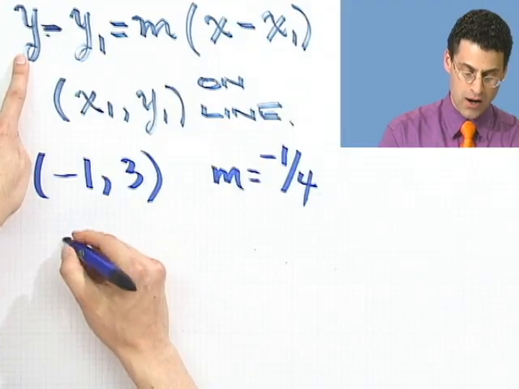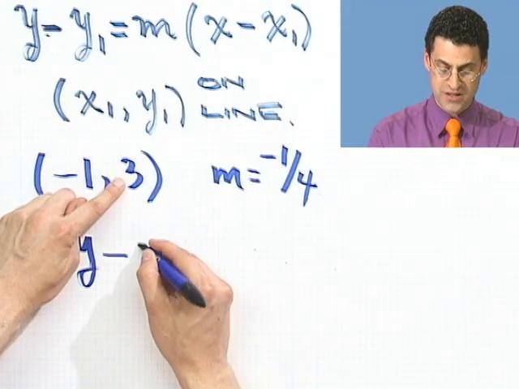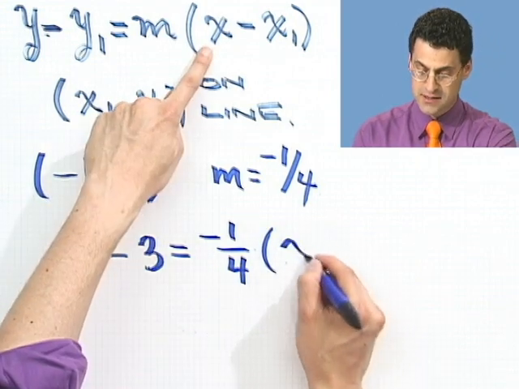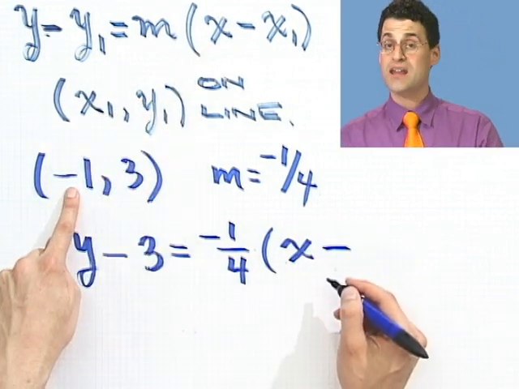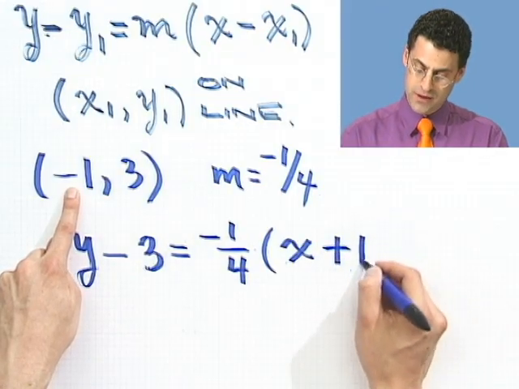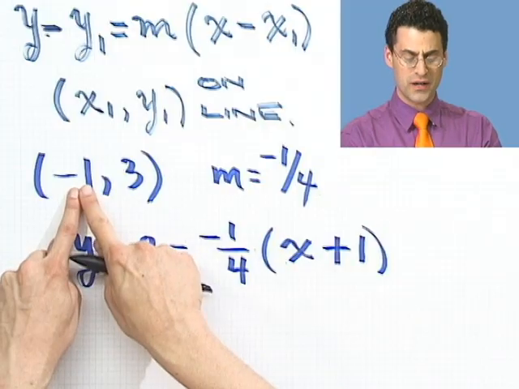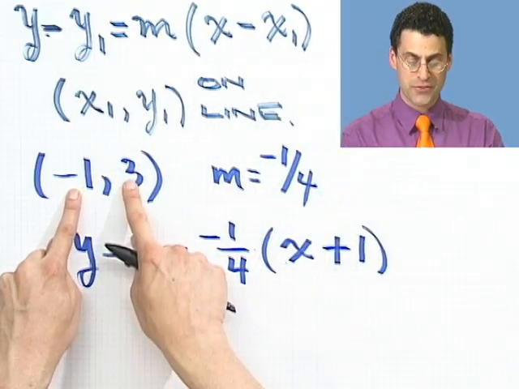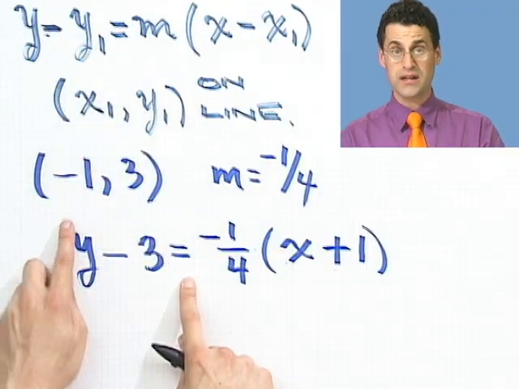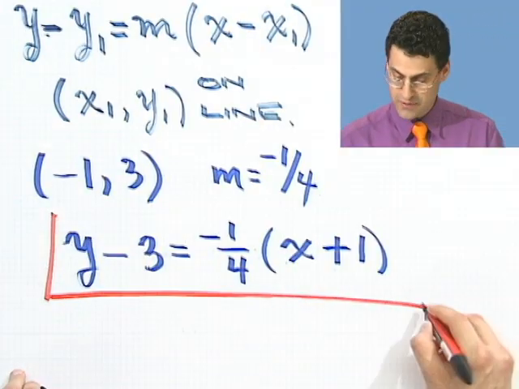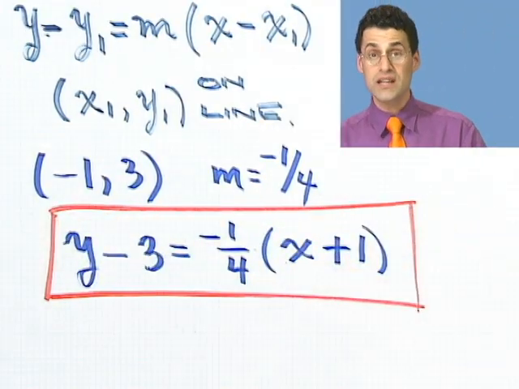So what I would see is y minus y1, which is 3, equals the slope, minus 1/4, times x minus x1. Now, that's a minus 1, but a minus and a minus combine to give a plus 1. So notice I just plugged in the minus 1 here, x minus minus 1, x plus 1, and I plugged a 3 into here, that's y minus 3, the slope into here, and all of a sudden, this is the equation for that line. Look how easy that was. That really was easy. I didn't have to find the y-intercept at all.